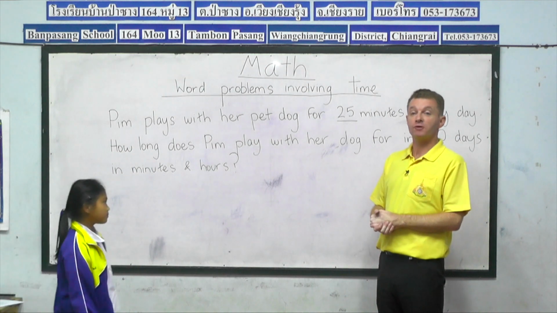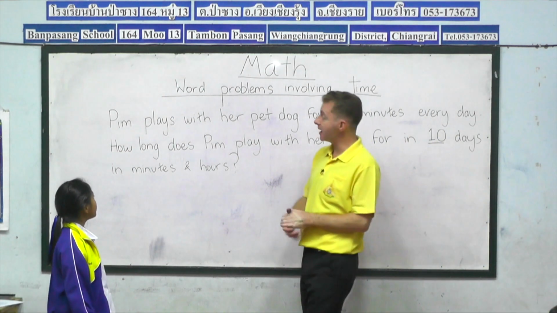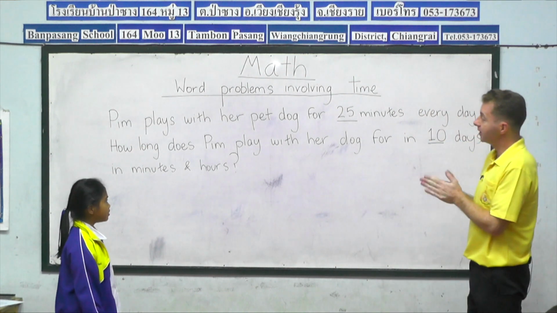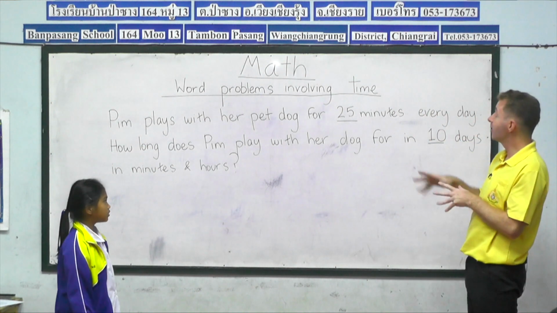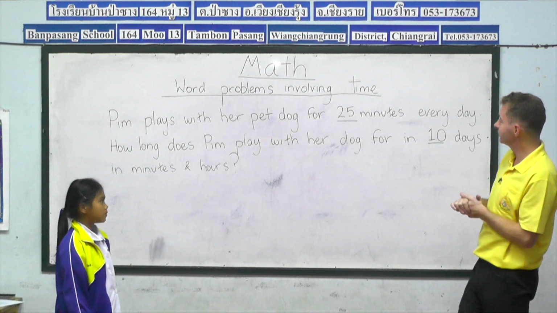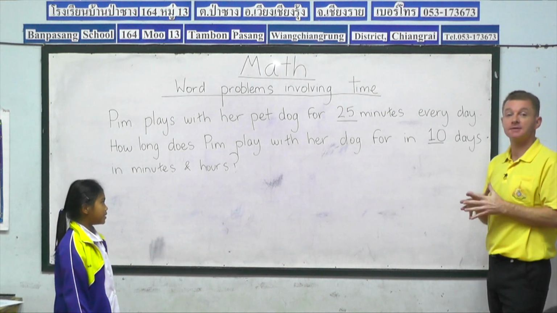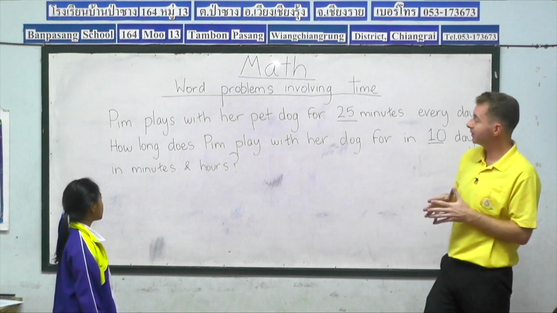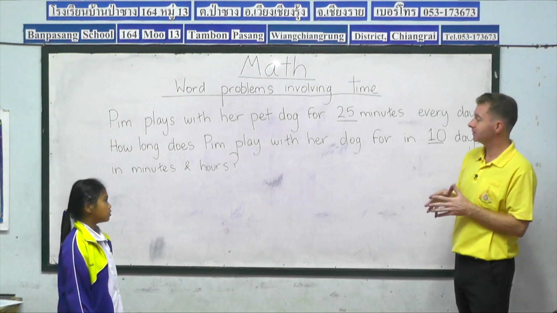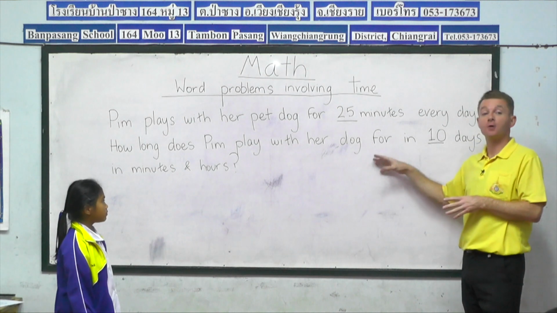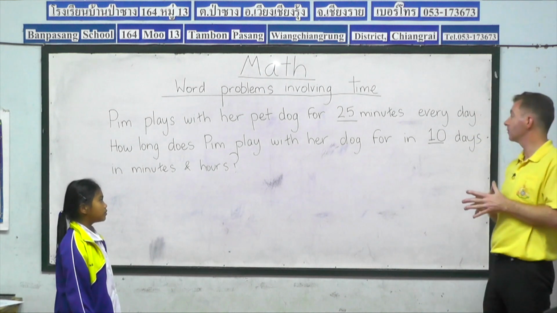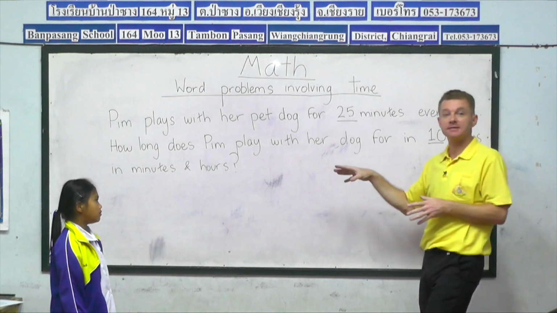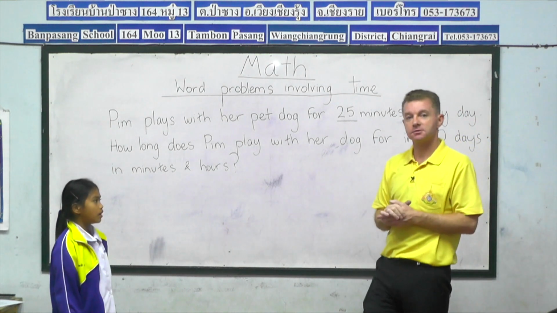Okay, so let's read the problem together one more time. Pim plays with her pet dog for 25 minutes every day. How long does Pim play with her dog for in 10 days in minutes and hours?